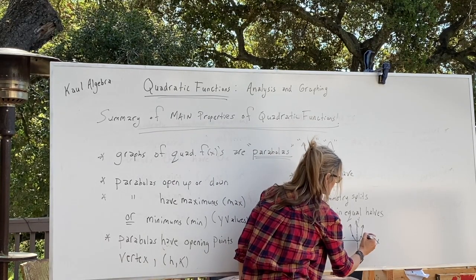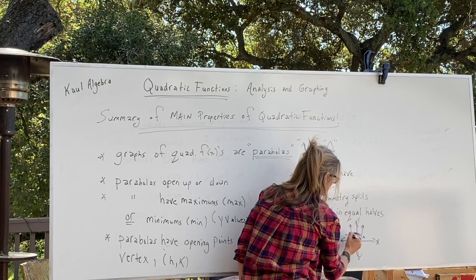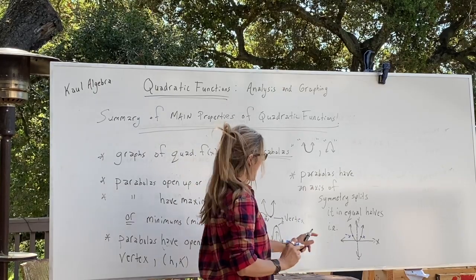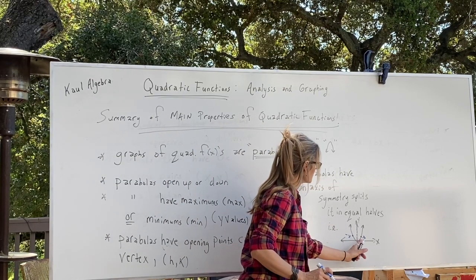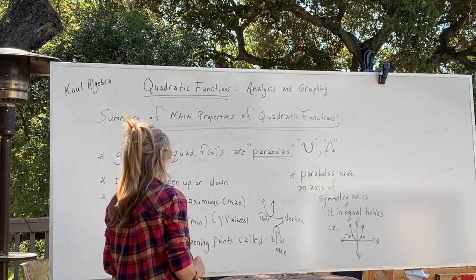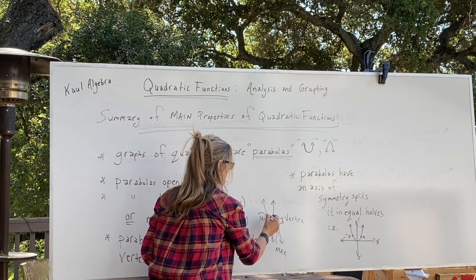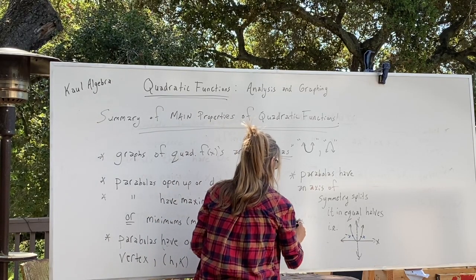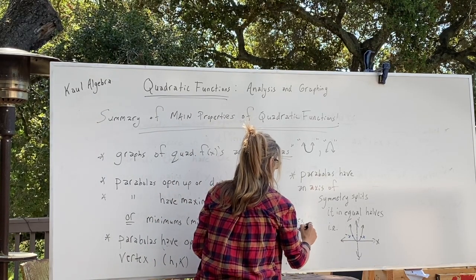So if this is positive x, then this would be minus x. So if I fold along that axis of symmetry, I get the same image on both sides. Very important detail.